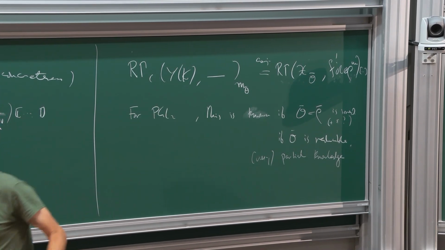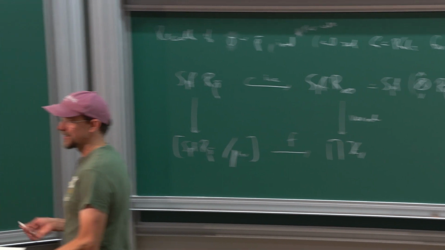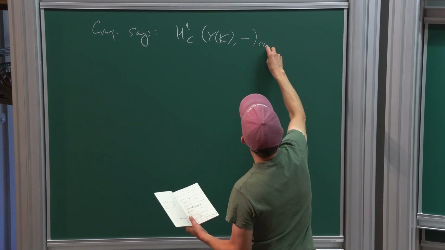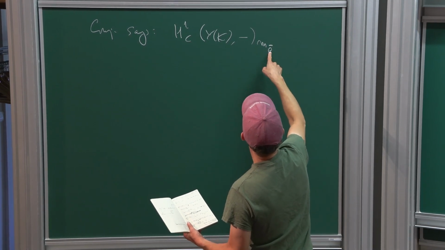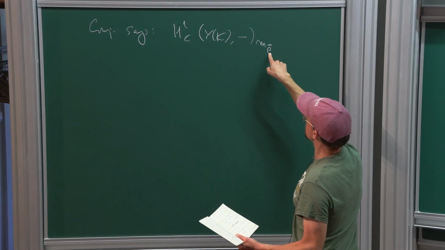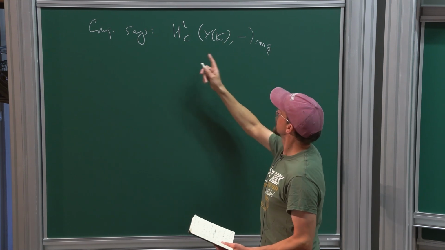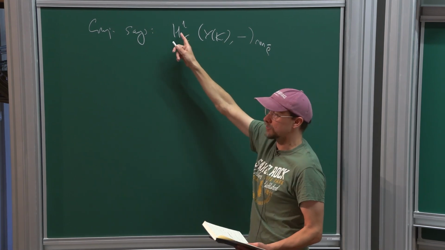I just don't want to keep notating them every time because they're a bit long to write out. But it's telling you this cohomology. So now we're looking at this rho bar. And because this rho bar is irreducible, this modular curve cohomology completed at, or localized at, this rho bar will just live in degree 1.